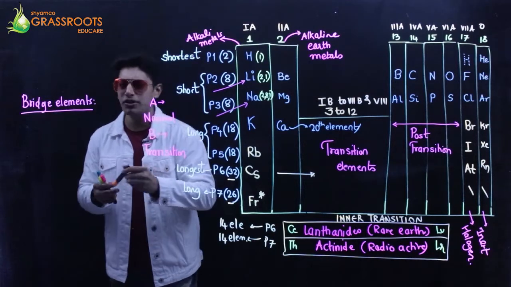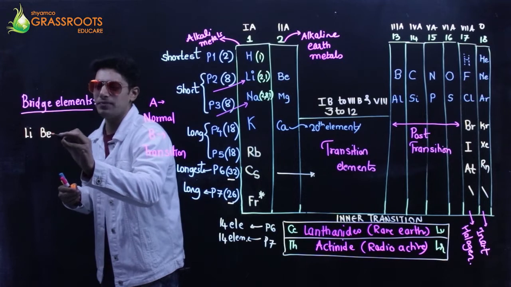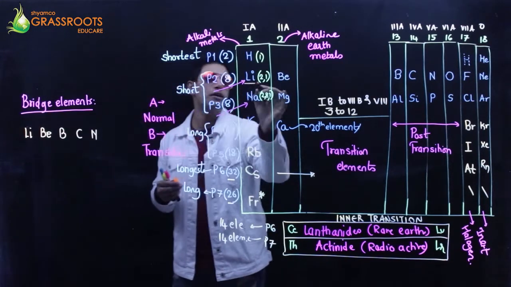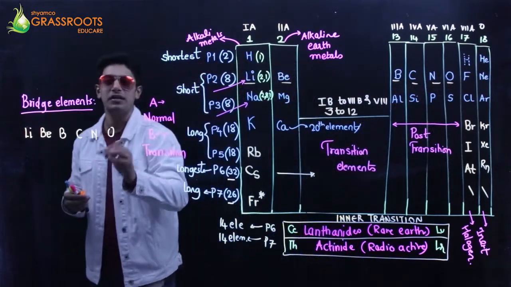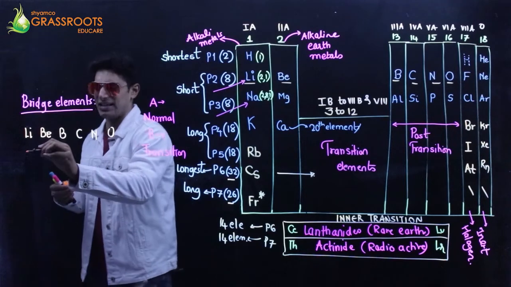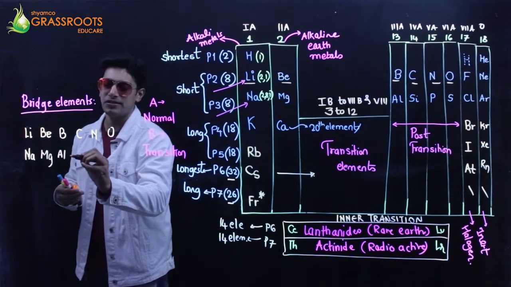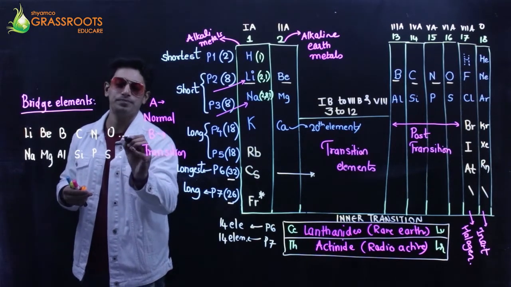Listen, in period 2, I have lithium starting, lithium. We have beryllium, we have boron, we have carbon, we have nitrogen. Lithium, beryllium, boron, carbon, nitrogen, oxygen, and so on. Just underneath lithium, we have sodium, magnesium, aluminium, silicon, phosphorus, sulfur, and so on.